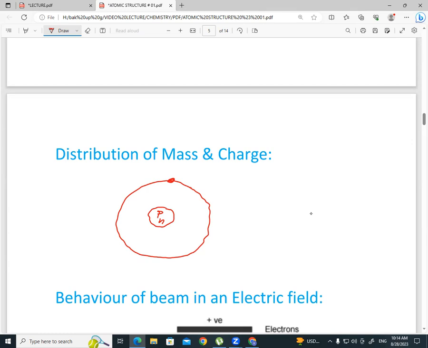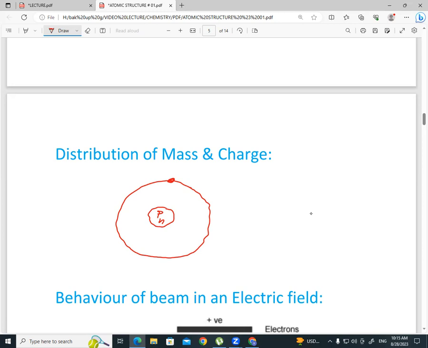As the number of protons increases when we go from left to right in the periodic table, we say that nuclear charge is increasing because atomic number is increasing. Neutron has no charge. Electron has negative charge, and electrons reside outside the nucleus in orbits, shells or levels and sublevels, and also in orbitals.